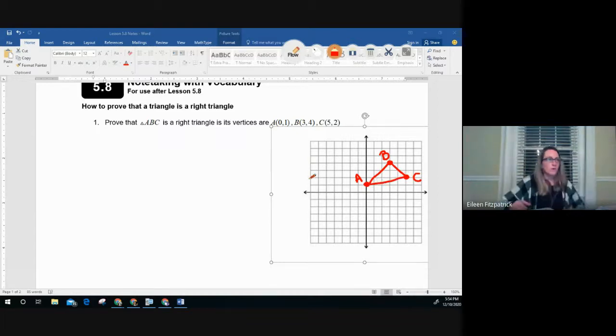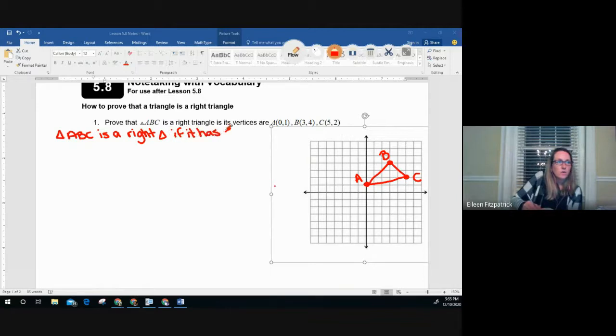All right, so we want to prove that it is a right triangle. Well, what makes a triangle a right triangle? It has to have at least one right angle. So triangle ABC is a right triangle if it has one right angle.